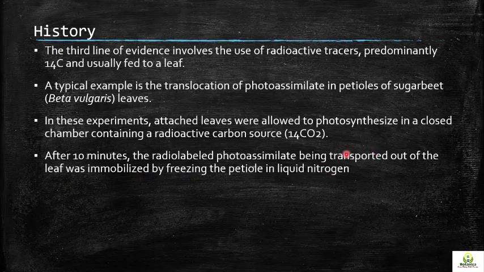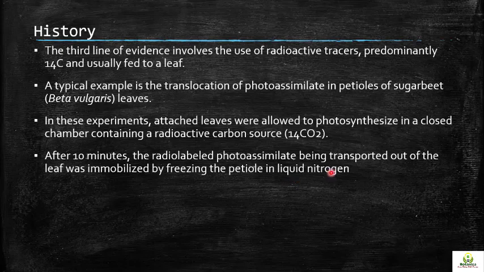When they are formed in the leaves, they have to be mobilized by the plant from the leaves to other parts of the plant. When they are transported from the leaf to the petiole, that particular tissue was immediately frozen using liquid nitrogen, which has a temperature of minus 196 degrees Celsius and a rapid freezing action.